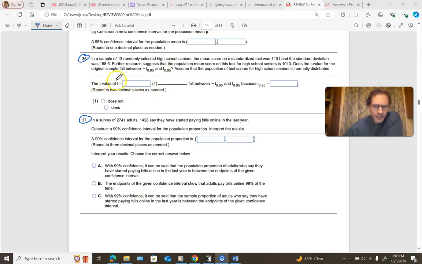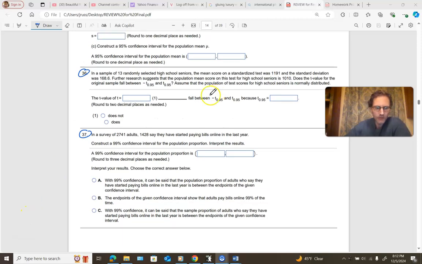And it looks like it's asking you... Yeah, I had to think about this one for just a second. First of all, we need to find the t-value that corresponds to this sample mean.